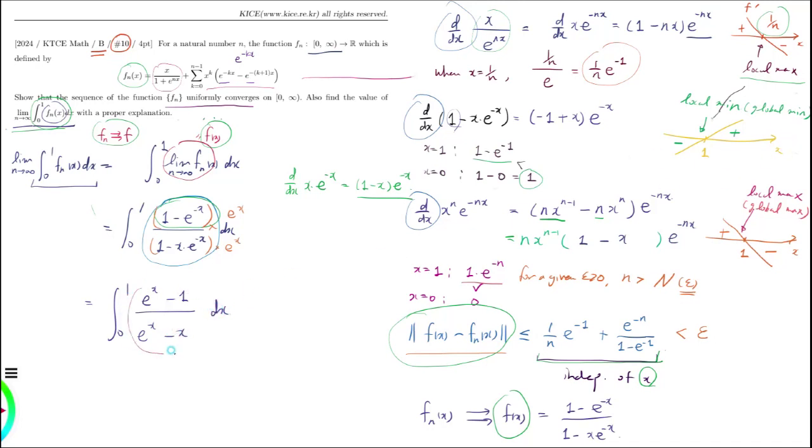Okay, so in this case, the derivative of the denominator, which is e to the x minus x, is e to the x minus 1, which is the numerator here. So its antiderivative is ln of the absolute value of e to the x minus x. And you can compute this value by yourself. Okay, this is all.